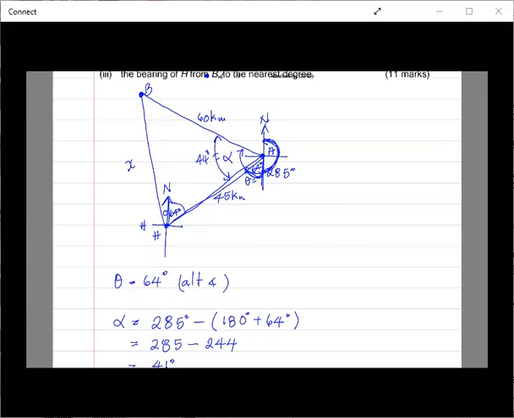So this angle here, the 41 degrees, this is big A. Little a would be the side opposite the inclusive angle, and b and c are the other two sides.